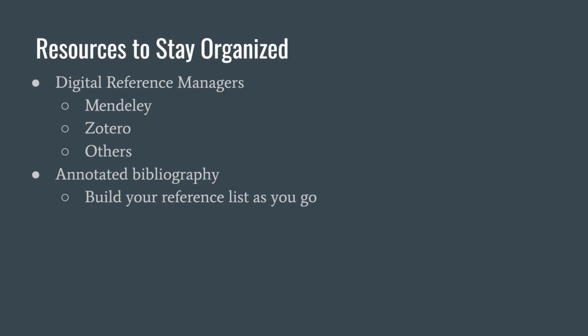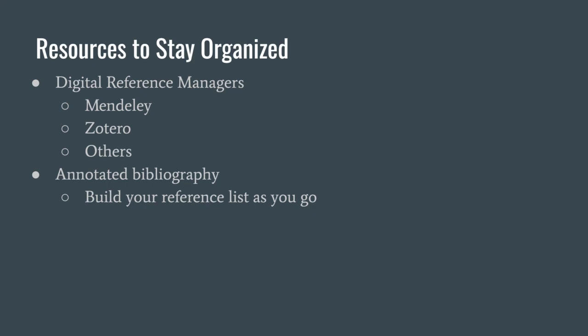And then the only other thing I wanted to mention was with the annotated bibliography. You don't necessarily have to write a whole summary of the article, but you can just write what in that article was relevant to what you're doing. So some of the people in our lab, instead of, I do all this in Mendeley, will make a big document with all the articles that they're interested in and what they're pulling out of each one.